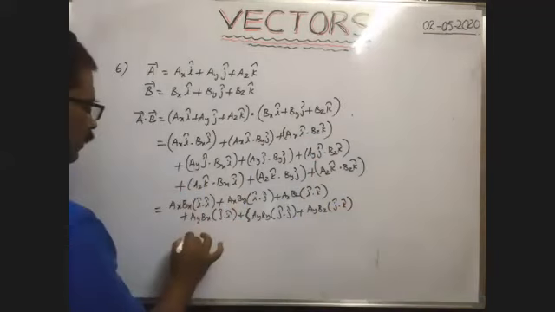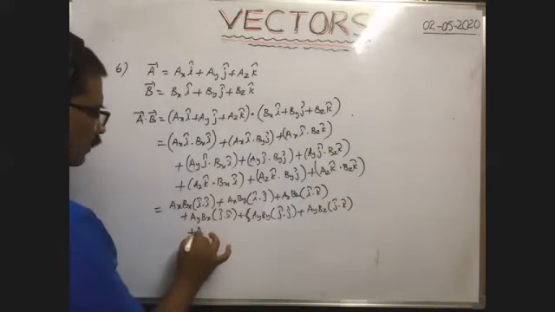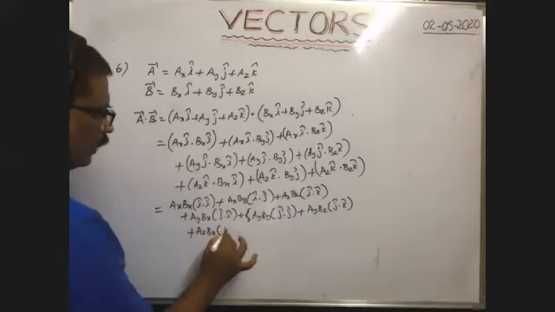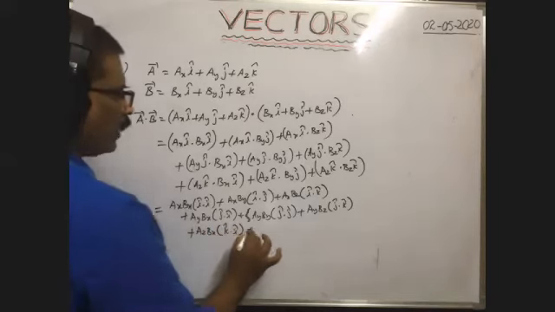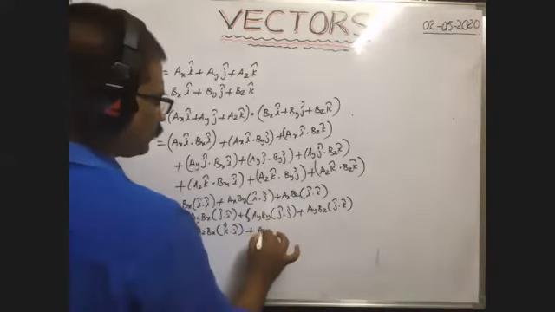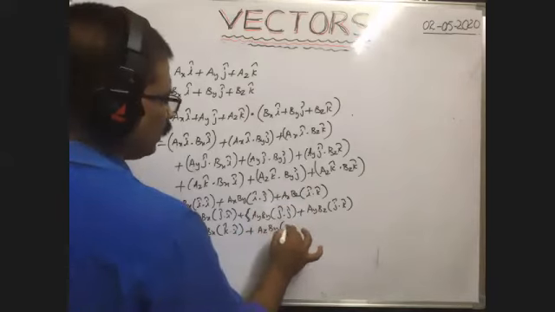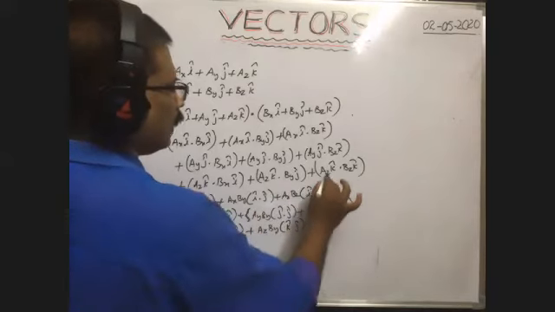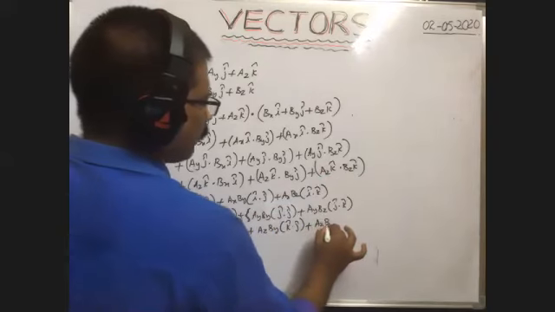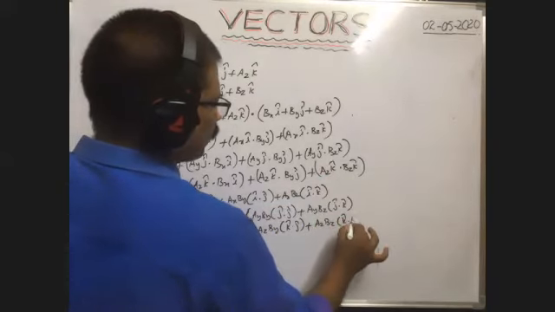Finally here plus az bx into k cap dot I cap, plus az by into k cap dot j cap, plus az bz into k cap dot k cap.